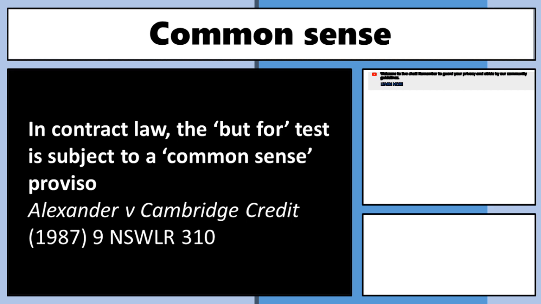We call that, again, it's on the next slide, a novus actus interveniens. I'll put it on the next slide. But you need to note, I think importantly, that this kind of nebulous term, common sense, was used by Justice McHugh, who is, by all accounts, a very sensible judge, and was very sensible on the High Court as well.